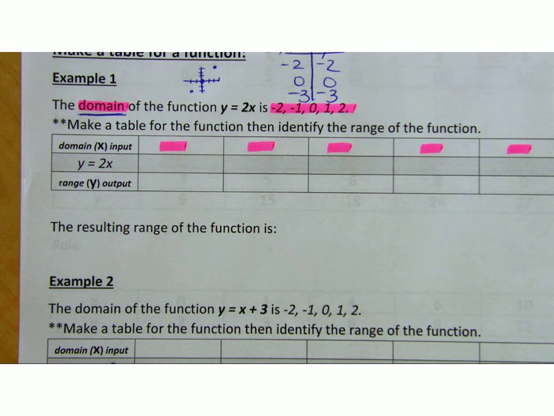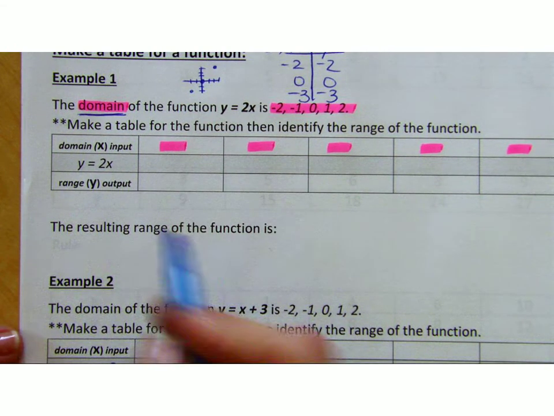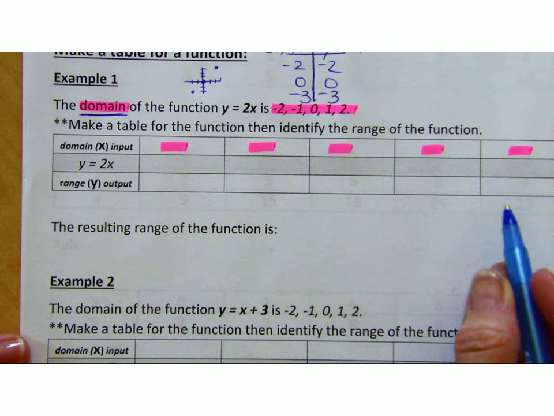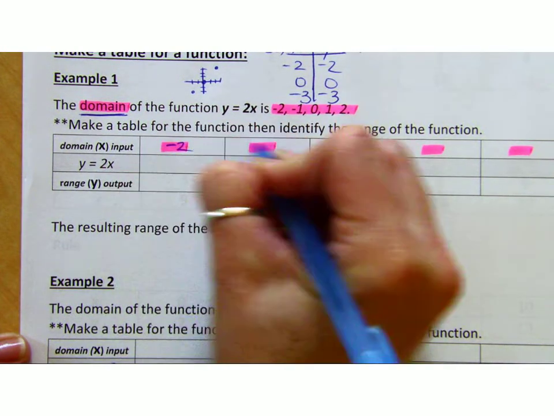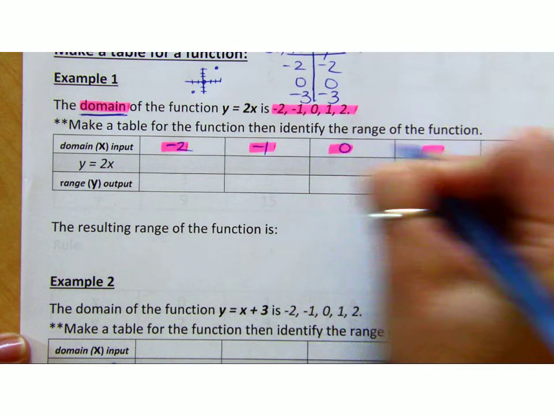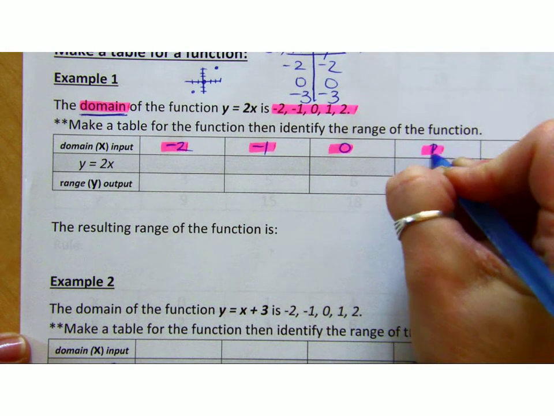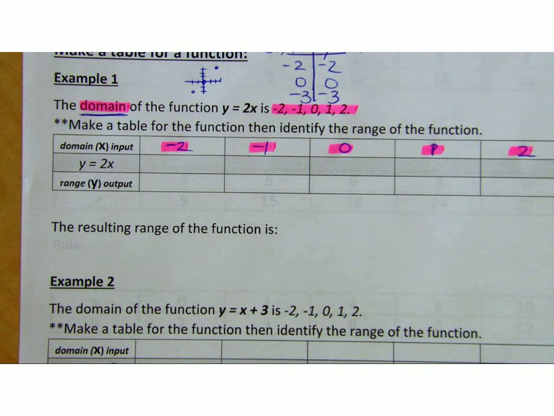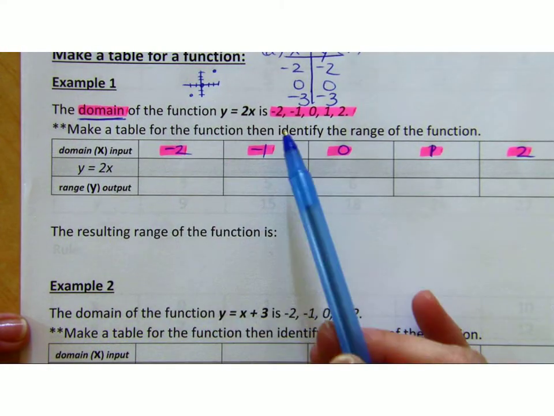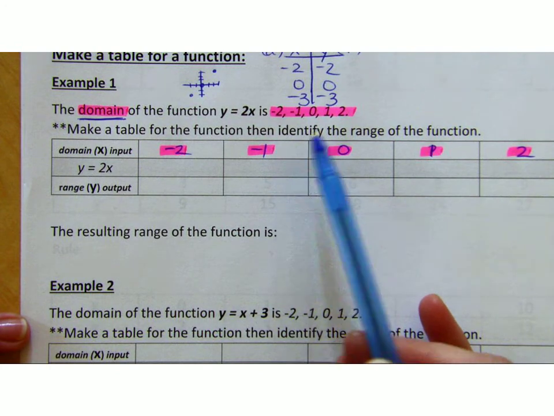So as soon as it gives you a domain in your table, you need to know that they're referring to the x values and that those go here, okay? And then it's going to say, here's the domain. If this is your domain, then what's your range?